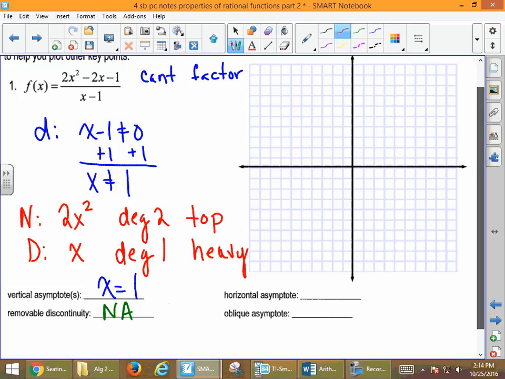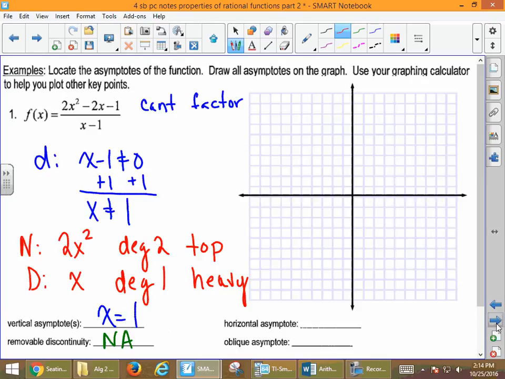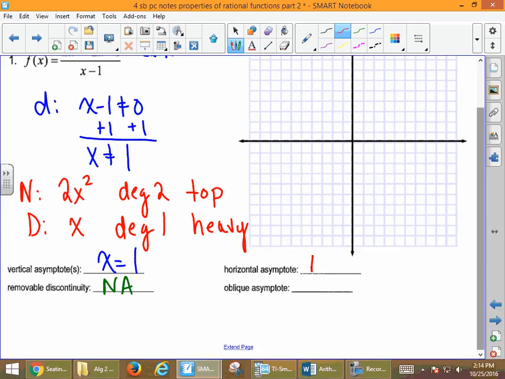Well, if we go back up and we look at our chart, what happens in a top-heavy case, which is the farthest to the right on your paper, is that we have an oblique or a slant asymptote. And if we have an oblique, what that means down here is that we do not have a horizontal asymptote.